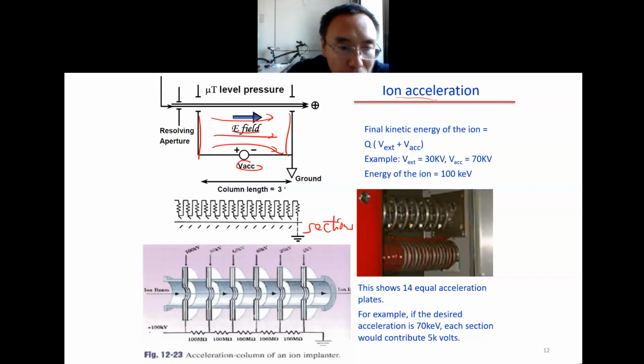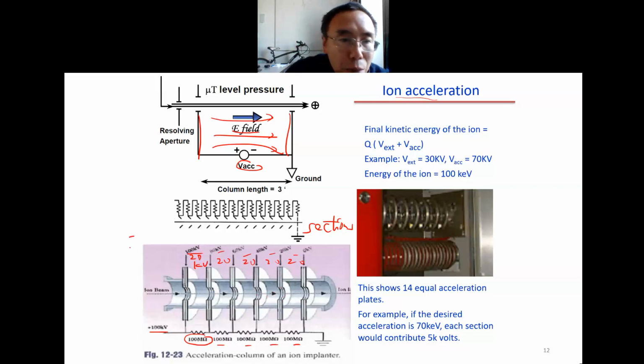We have the 100 kilo electron volt high voltage here, and we have very big resistors here. They have the same resistance, so the voltage drop will be the same. You can see we have a 20 kV drop here, 20 kV drop here, and 20 here, and 20 here. This is the potential between each of the plates.